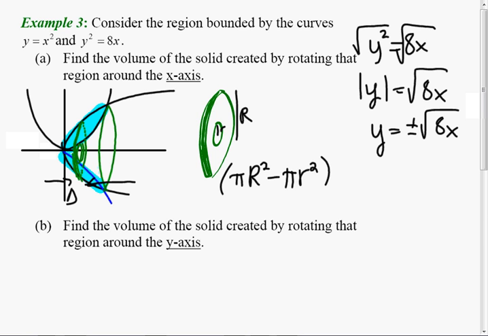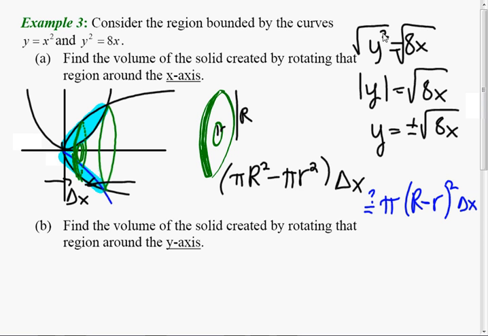That's delta X. Okay? Is that the same as pi r minus little r quantity squared delta X? Are they the same? No. They're not. Because this is subtracting first.